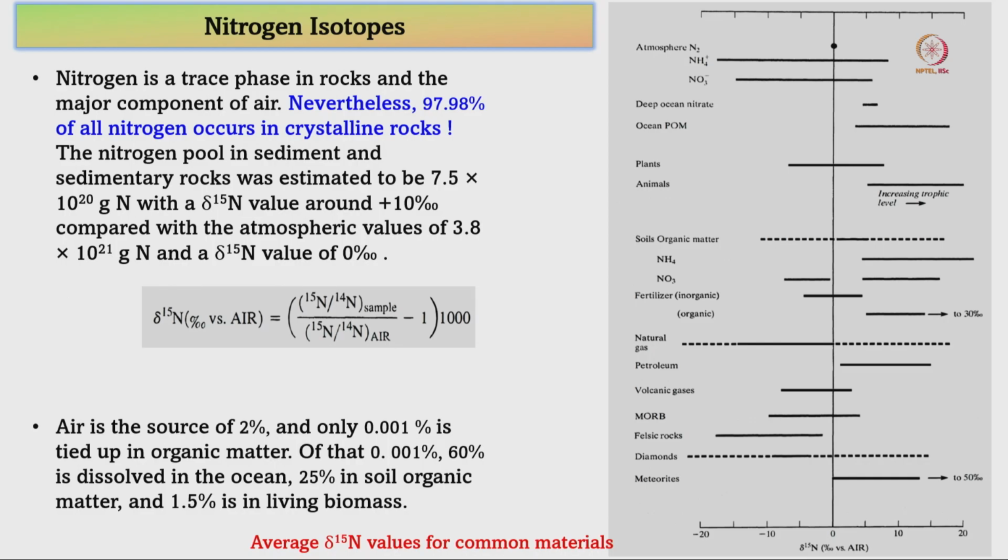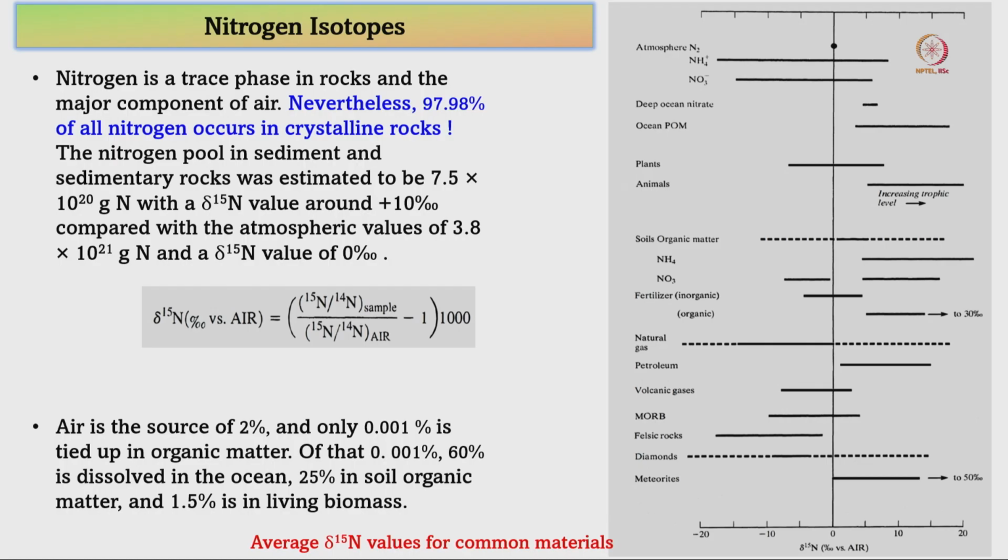The pool that we are living in, the air that circulates around us, is only 2%. The nitrogen pool in the air makes only 2%. Out of that, only 0.01% is in organic matter, that we are made up of.